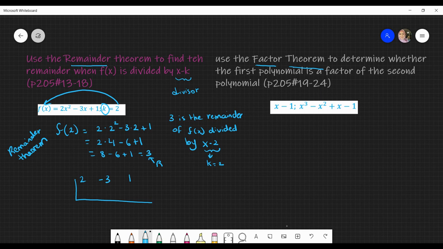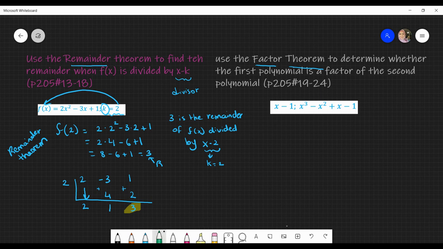And then what we put on the outside is the zero of the divisor, but in the textbook problem, they gave us the zero of the divisor. Drop the first, multiply, add the coefficients, multiply again, add the coefficients, and this is actually true. We got 3 as a remainder of this division.